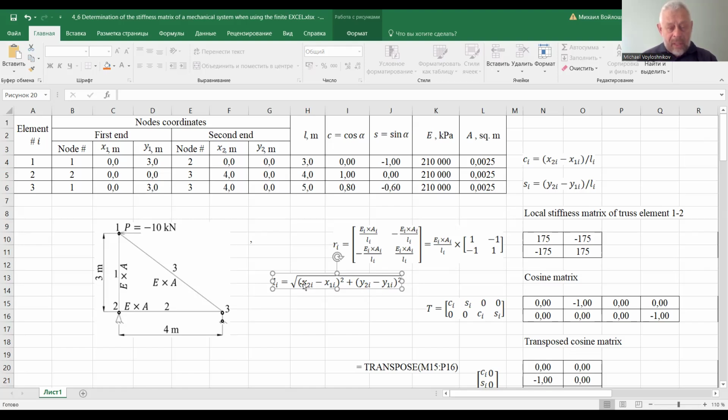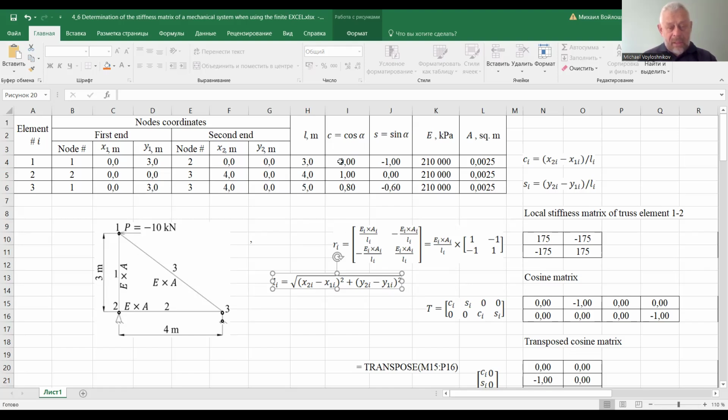So for the first one, x2i minus x1i, where i is the number of the finite element, x2 minus 0, plus y2i minus y1i, so it's 0 minus 3, squared, 9, square root is 3. So we have 3.